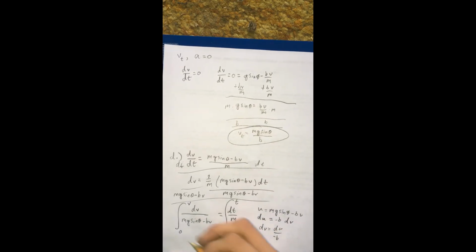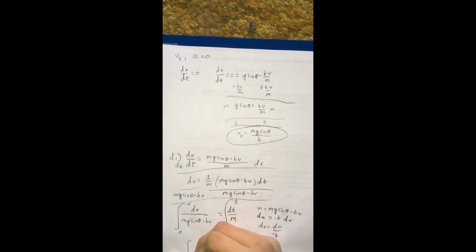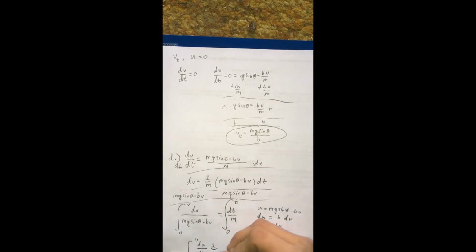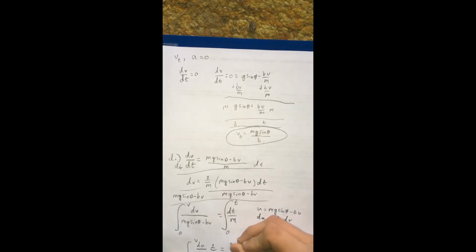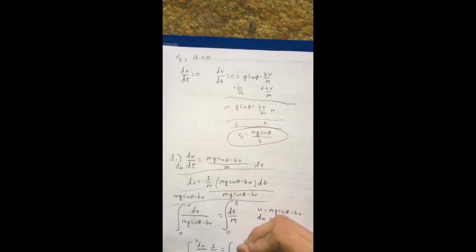So I'm going to plug that in. Integral from 0 to v of du over u times 1 over negative b is equal to the integral from 0 to t of dt over m.